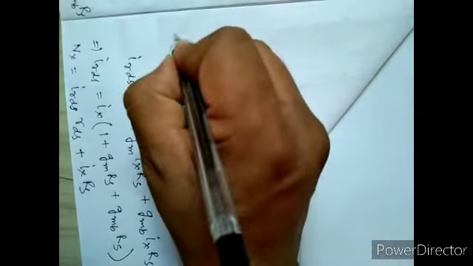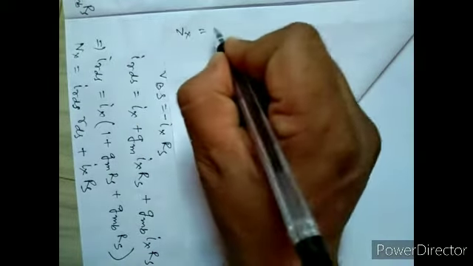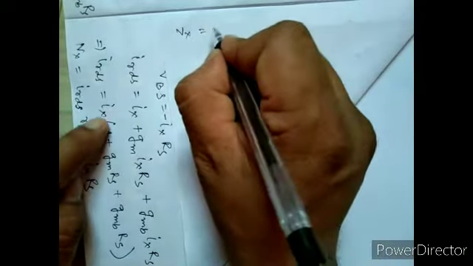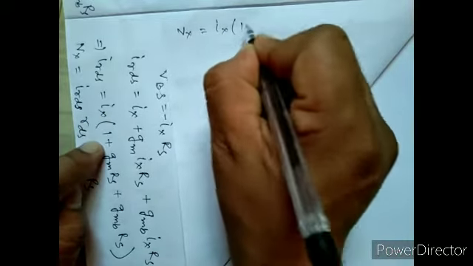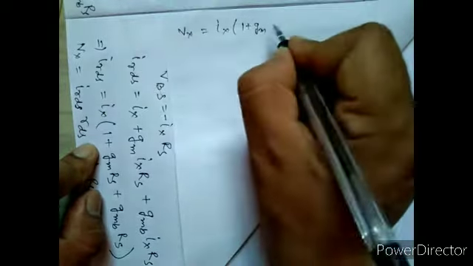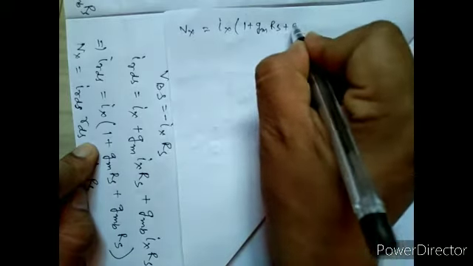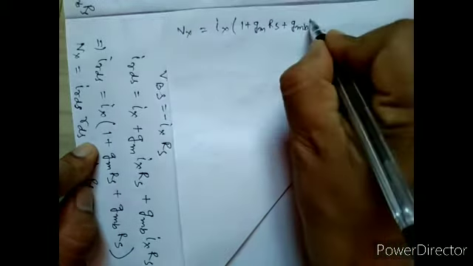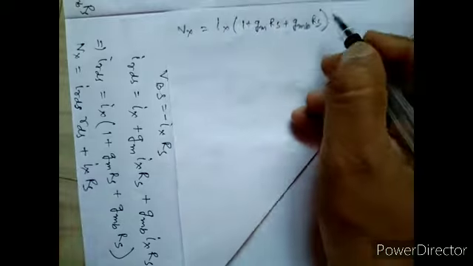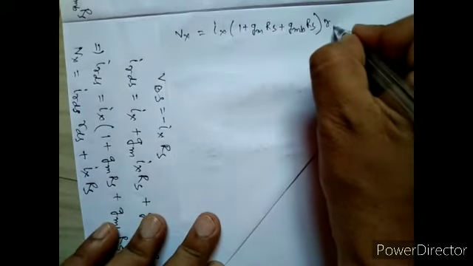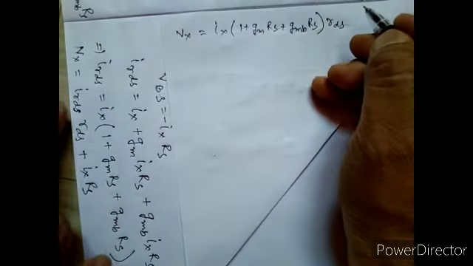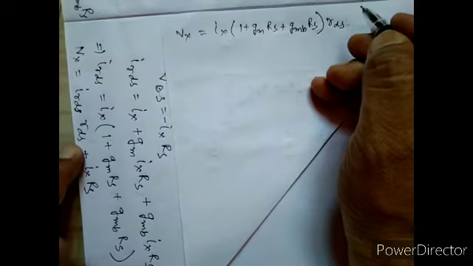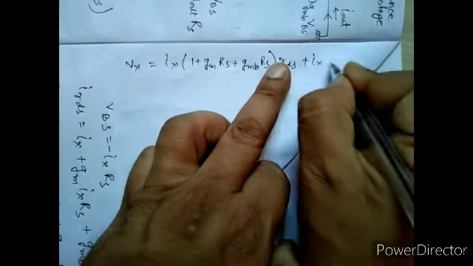Now if I put Vx equals, IRDS equals what? Ix into 1 plus GM Rs plus GMB Rs into RDS, plus Ix RDS, plus Ix Rs.